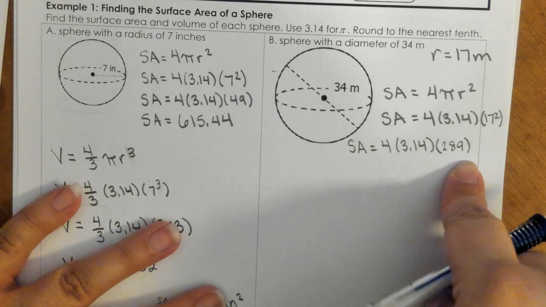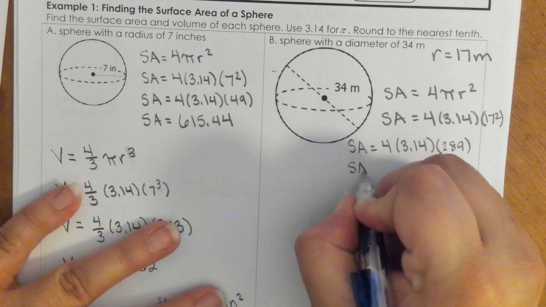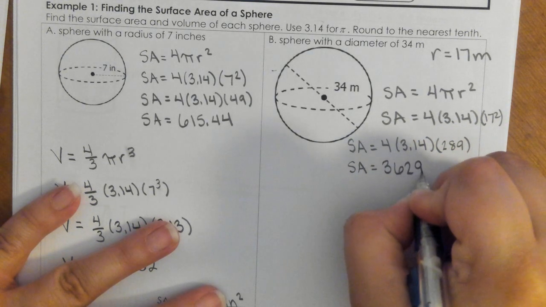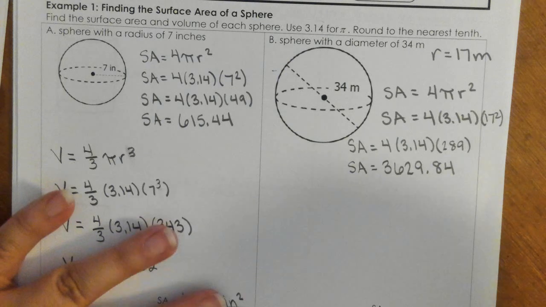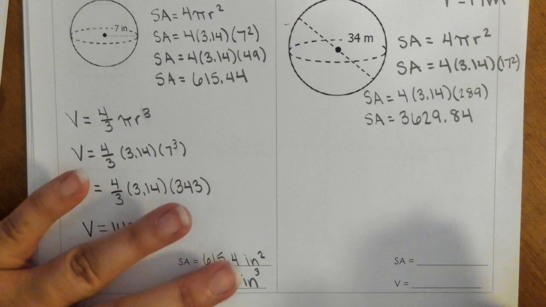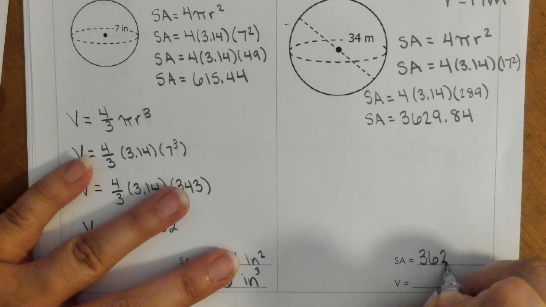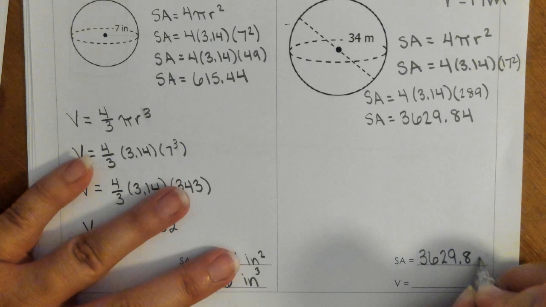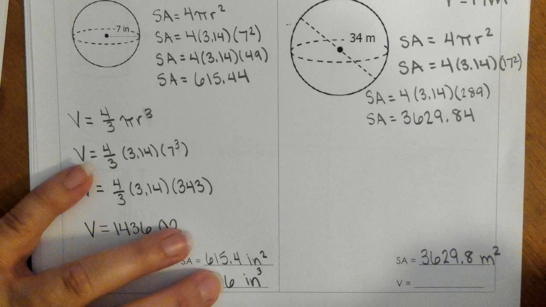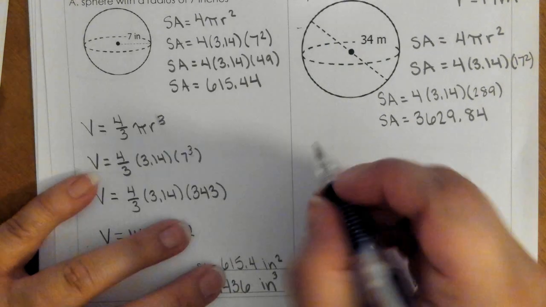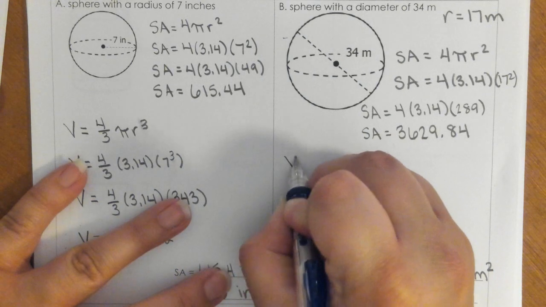So multiply together. All right, so rounding that 4 makes the 8 stay. So my surface area is 3,629.8 meters squared.